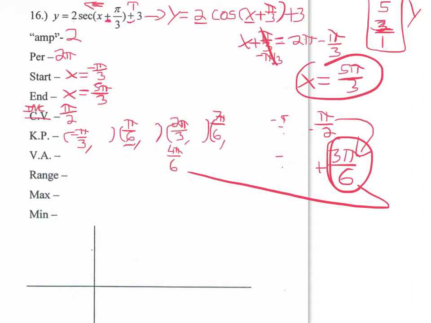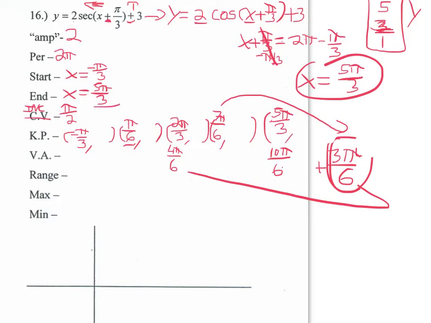It's getting a little messy. I'm just going to keep adding 3 pi over 6. So if I add 7 pi over 6 with this 3 pi over 6, that gives me 10 pi over 6. And lo and behold, that reduces to 5 pi over 3, which matches up with this right here, 5 pi over 3. Okay, that's the toughest part.